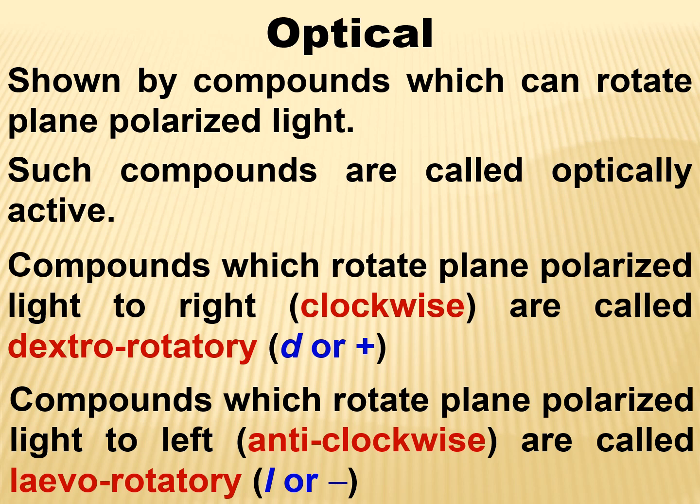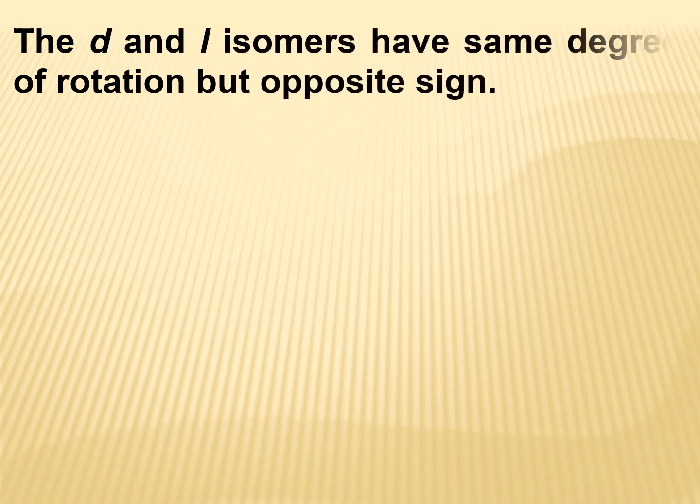And if the compounds rotate the plane polarized light to the left, that is anti-clockwise, they are called levorotatory, represented by the symbol small l or a minus sign. The D and L isomers have the same degree of rotation but opposite sign.